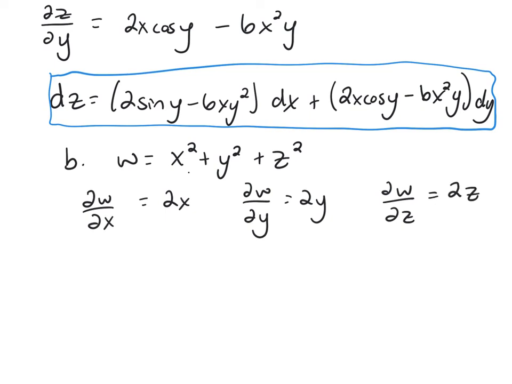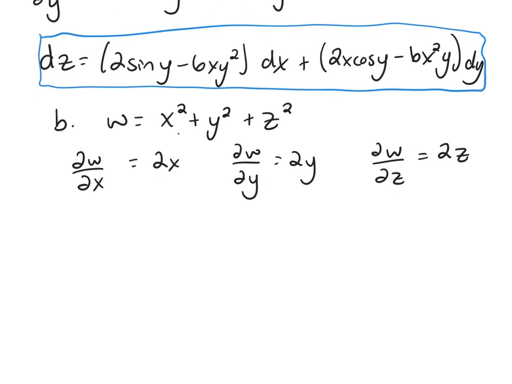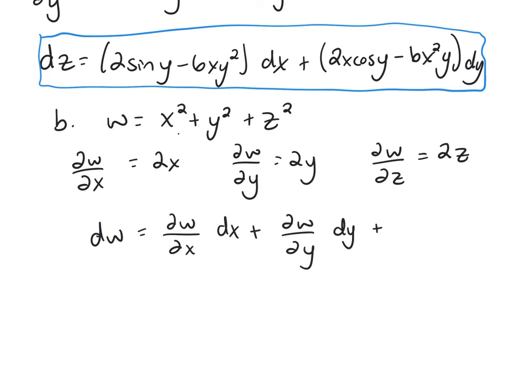And then our formula for the total differential, here it'll be dw. It's the partial derivative of w with respect to x dx, the partial derivative of w with respect to y dy, plus the partial derivative of w with respect to z dz.